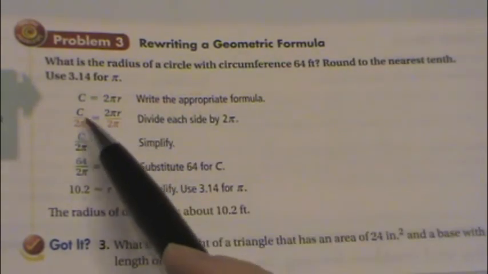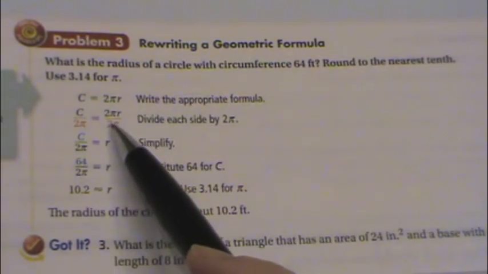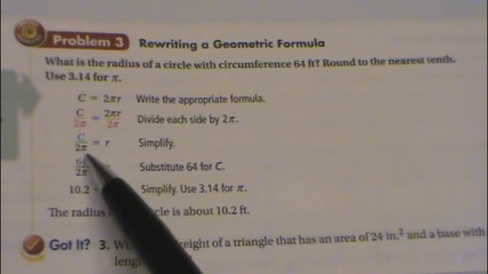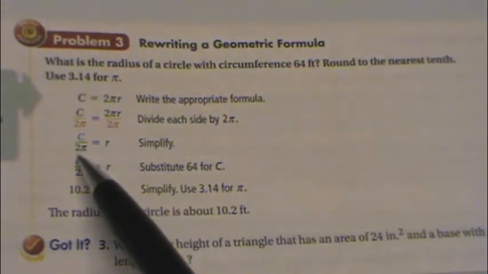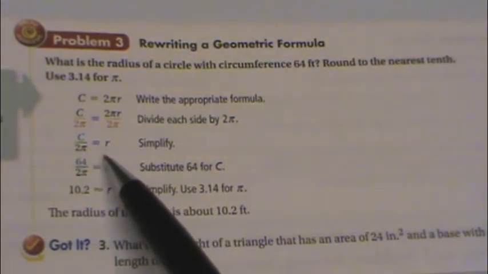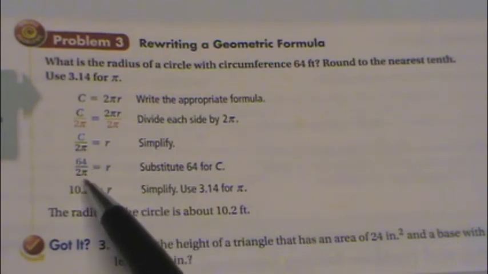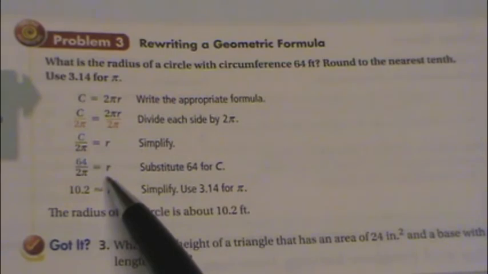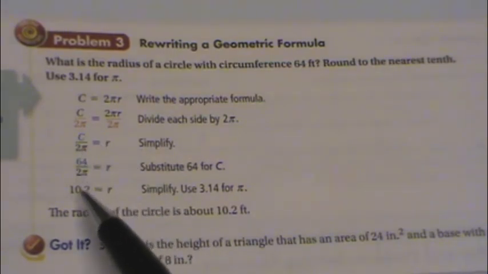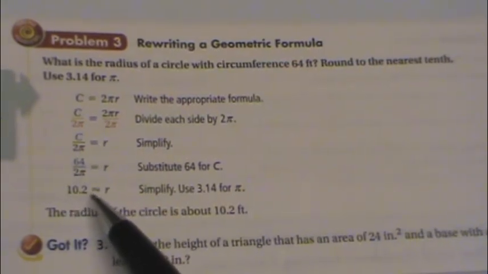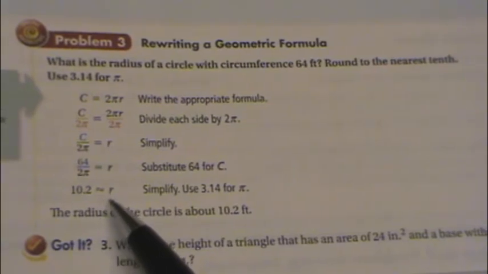Then, how are you going to simplify it? Well, divide each side by 2 pi. Then this is what you have: circumference over 2 pi equals the radius. Then put in what you know. Well, 64 divided by 2 pi equals r. And then using our value of 3.14, you end up with 10.2 is approximately the radius of this circle.